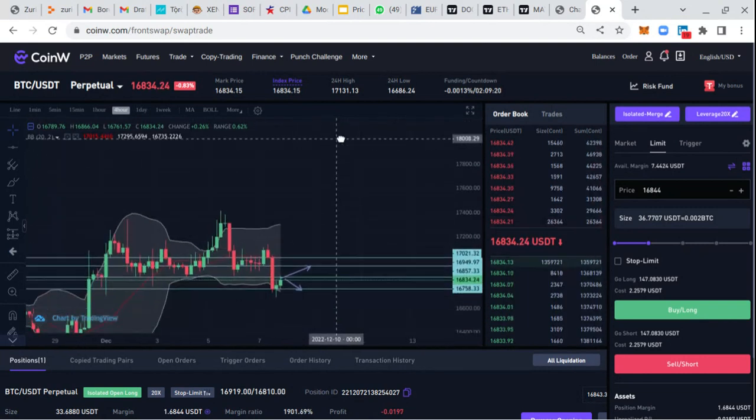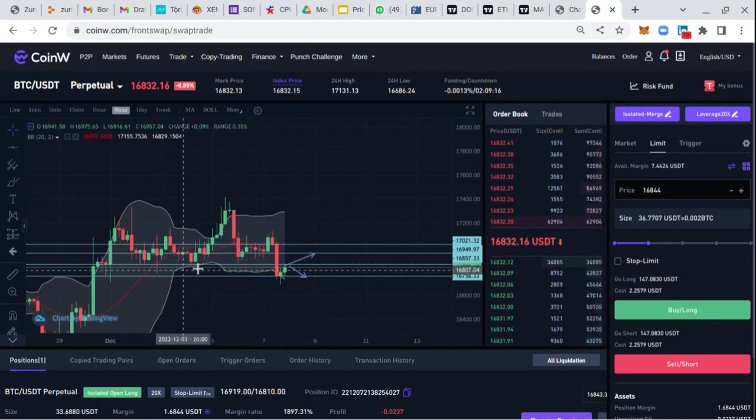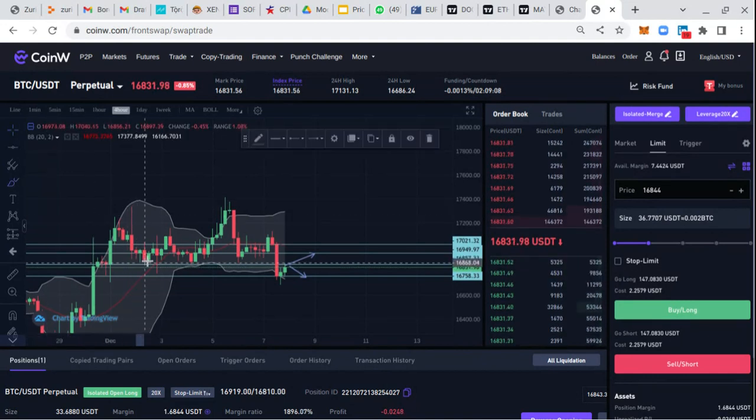This is 4 hours. So you can see this is a swing point. You can see this is a swing point from this point. Let me use draw. You can see there is a swing point here.